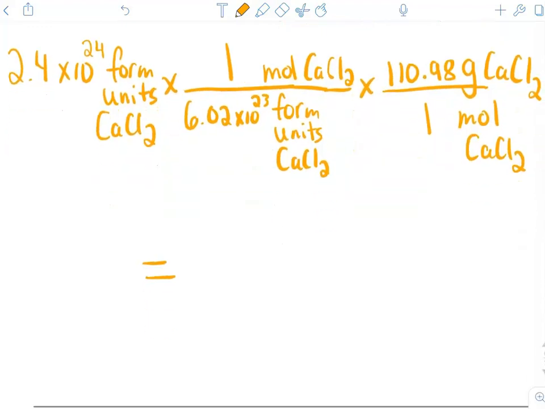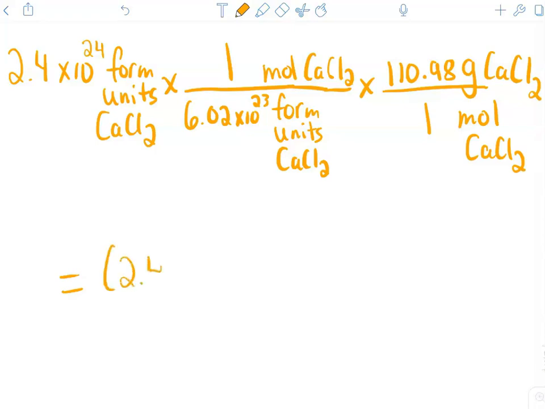And then whenever I go through and do the math, I need to make sure about the parentheses, because if I don't use parentheses where I'm dividing by the exponents, my calculator will think that I'm multiplying, and it will give me an exponent in the 40s. If you get an exponent in the 40s, you have messed up, and it's because of the way you've typed it in your calculator.